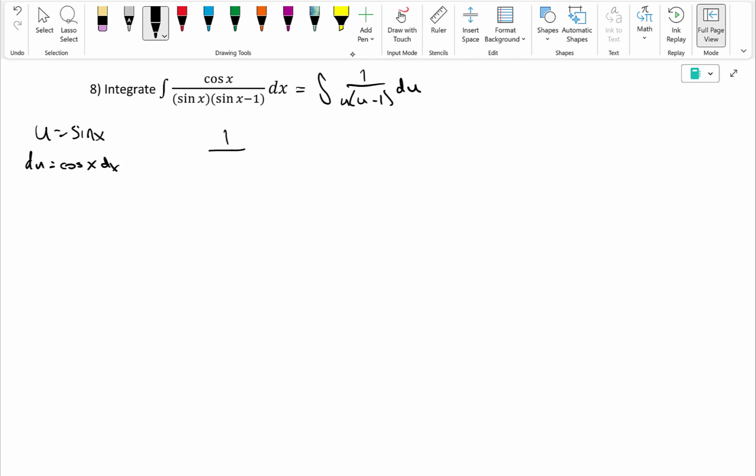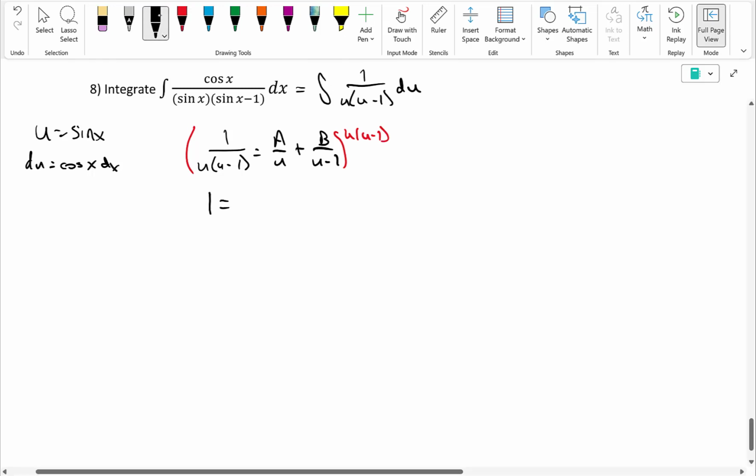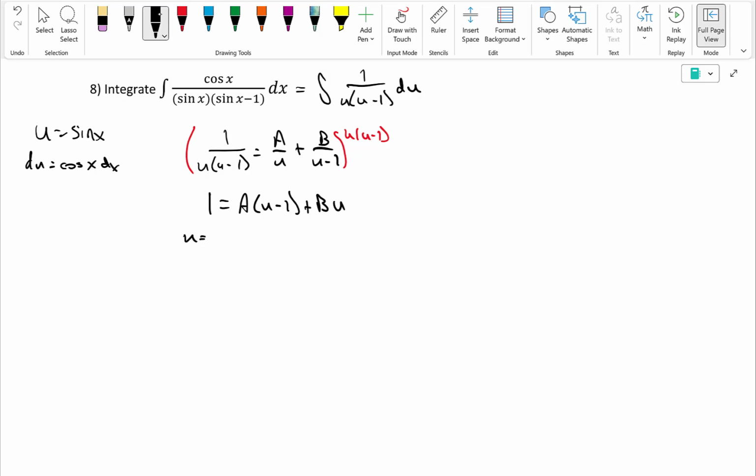So 1 over u times the quantity u minus 1 is going to equal a over u plus b over u minus 1. Multiplying by the LCD, u times (u minus 1), leaves us with the equation 1 equals a times (u minus 1) plus b times u. If u is 0, we get 1 equals minus a, or -1 equals a.